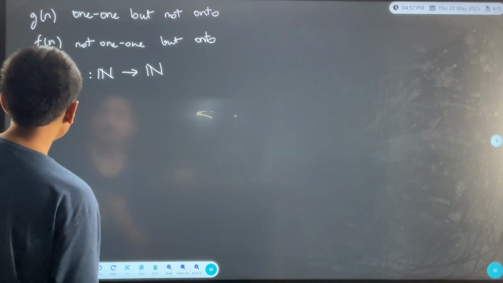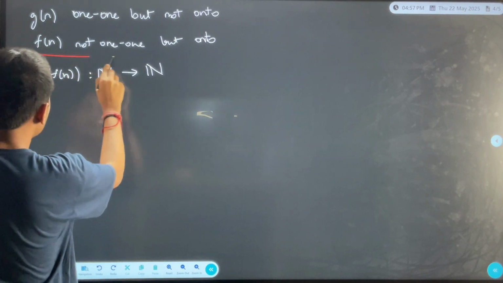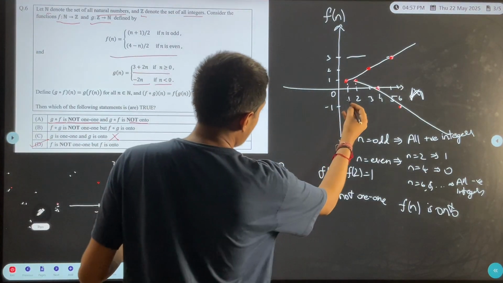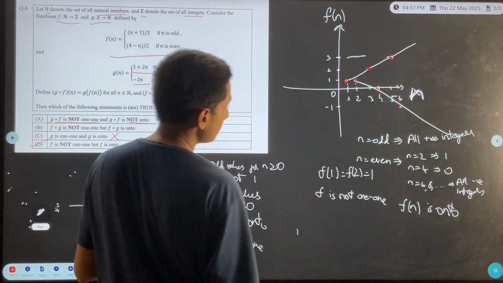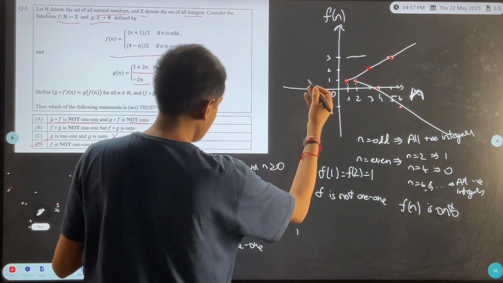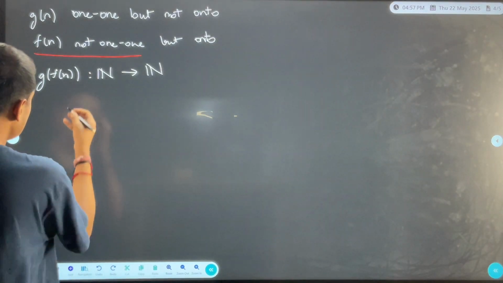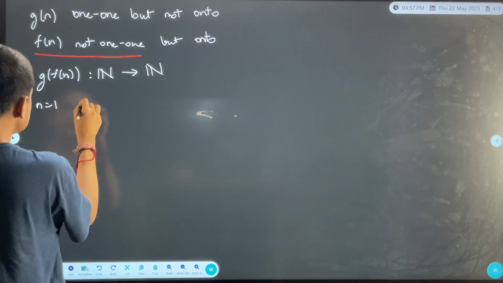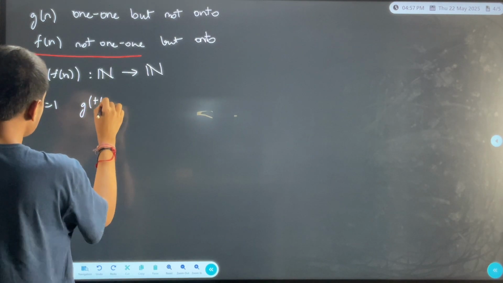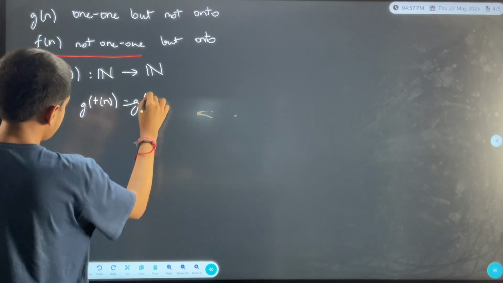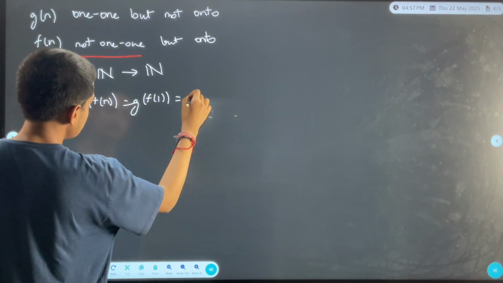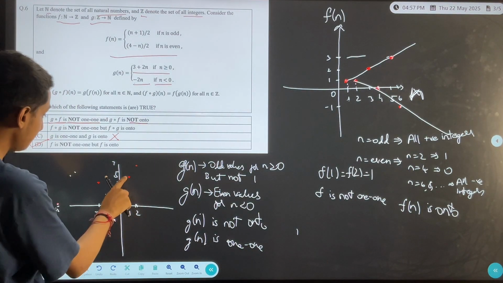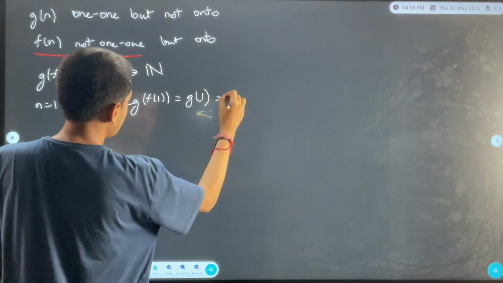Alright, now let's look at this. f of n is not 1-1. So the issue was coming at n equal to 1 and n equal to 2, where the value of f of n is 1. So therefore, if for g of f of n I substitute n equal to 1, I get g of f of 1, which is equal to g of 1, which from here is 5.